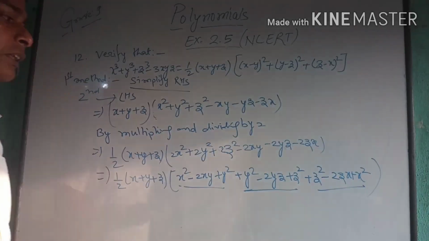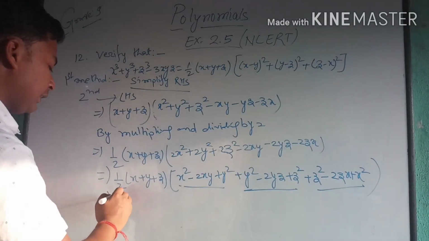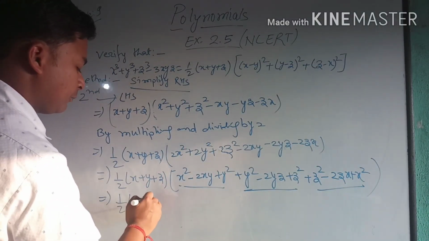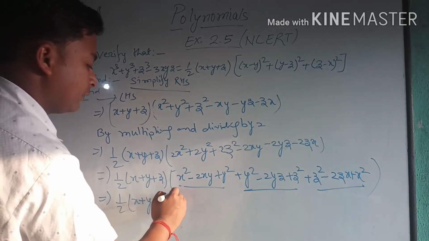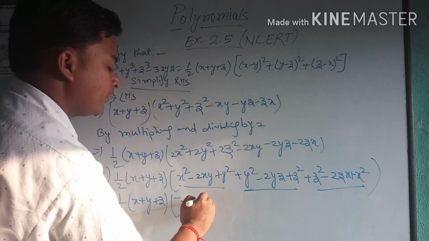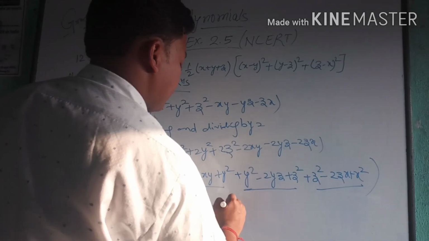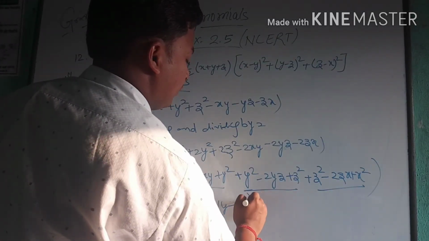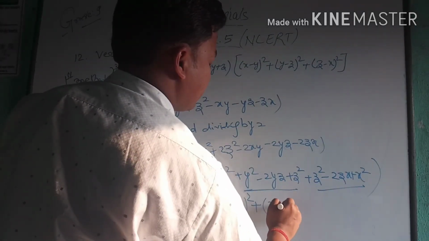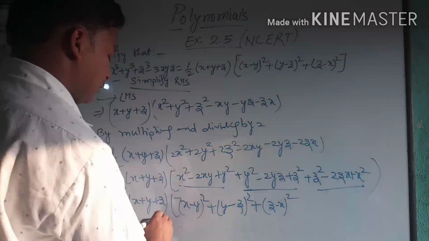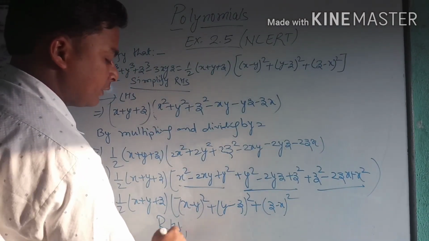Our equation is simplified. Now we can write half x plus y plus z, x minus y whole square plus y minus z whole square plus z minus x whole square. This is equal to RHS, hence verified.